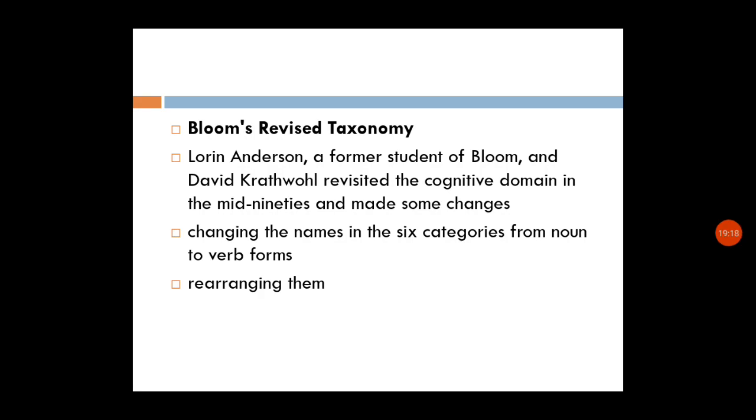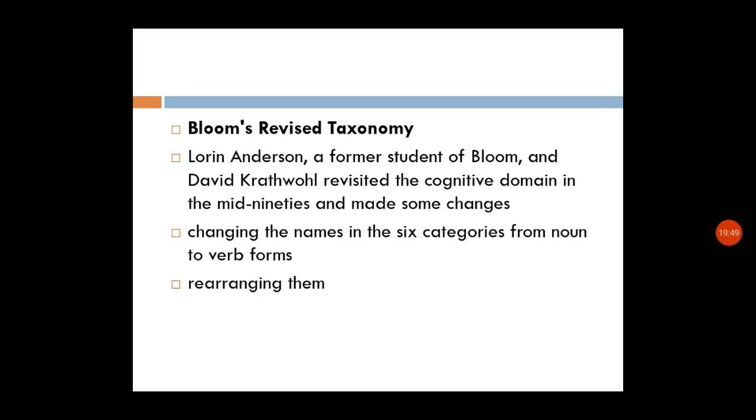He changed the names of the 6 categories from noun to verb form. It was in noun form according to Bloom, and now it is changed into action verb form, and he made some rearrangements in Bloom's taxonomy of the cognitive domain.